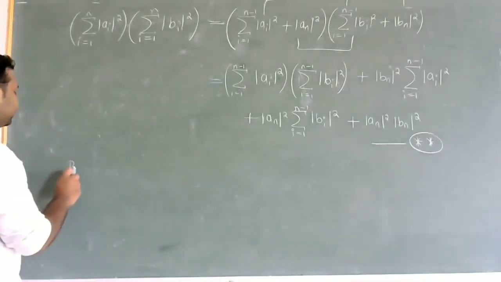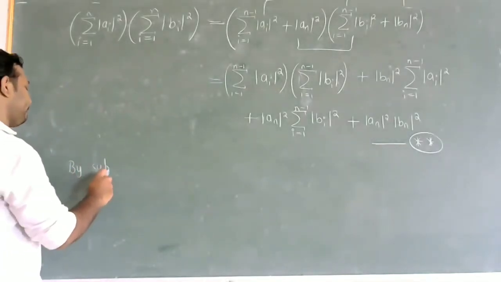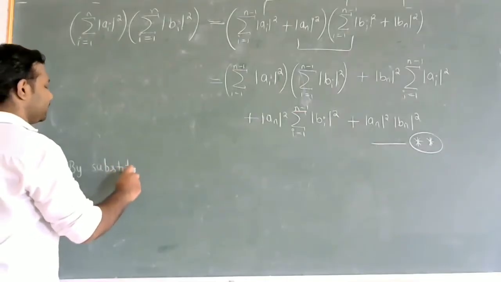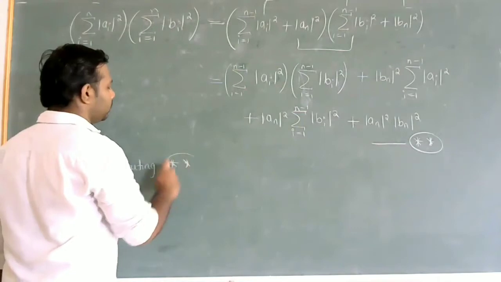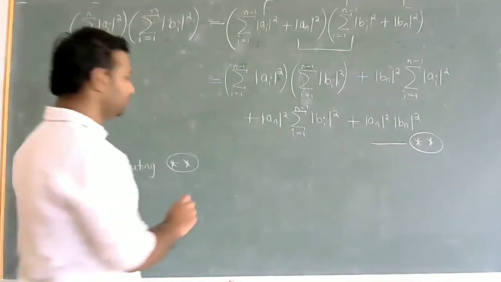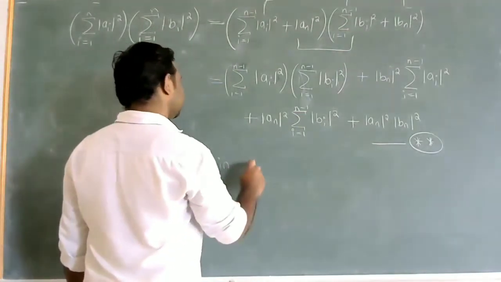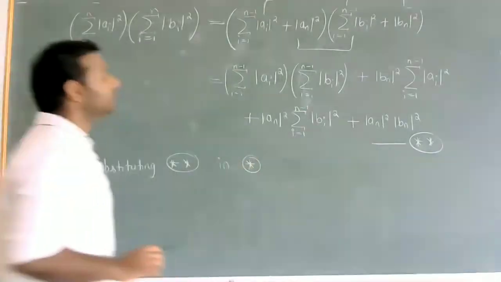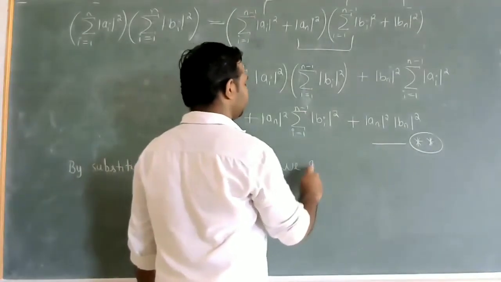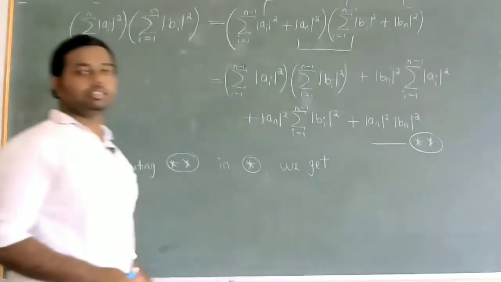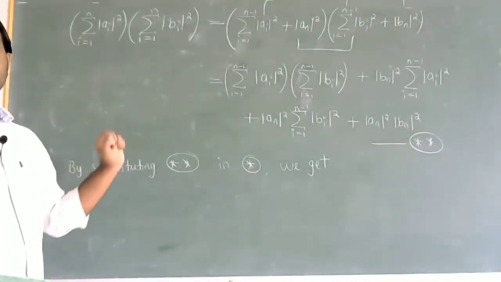Now try to substitute this in the equation star, so by substituting the double star condition in star, what we get? You can observe the equation star.